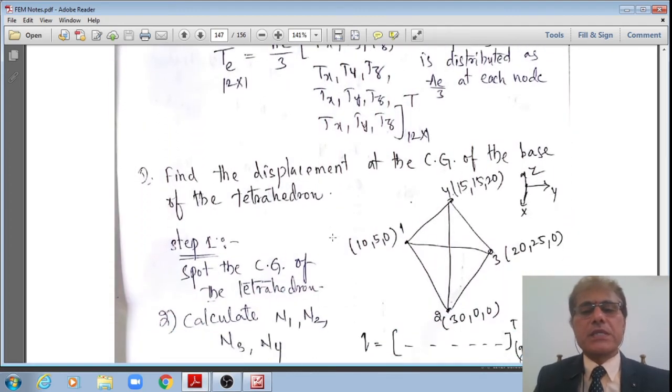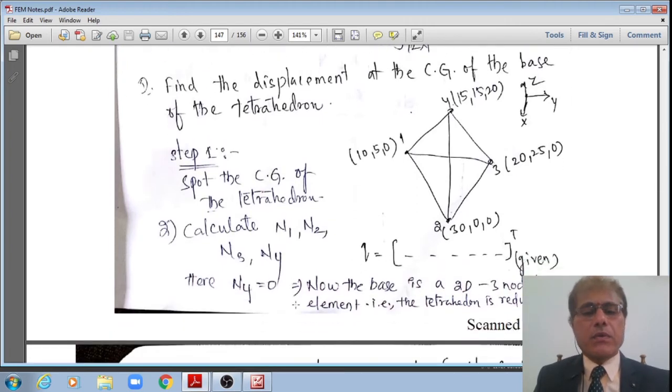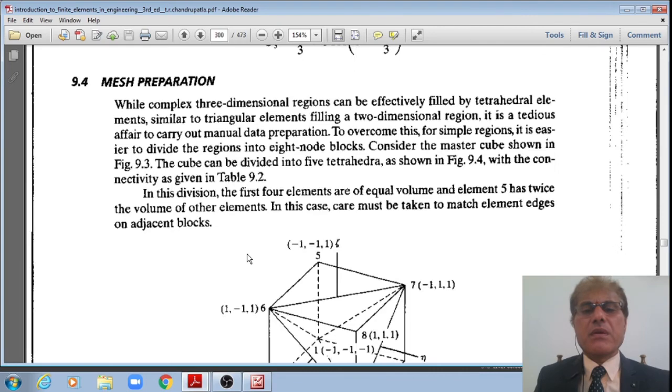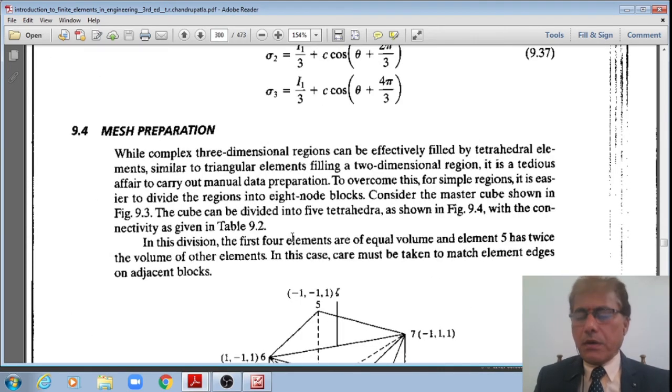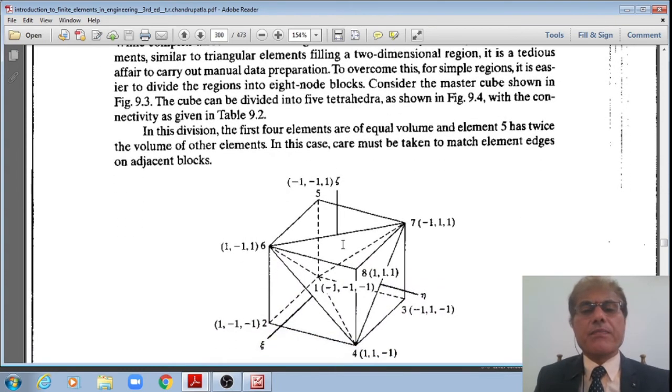Now let us examine a numeric problem, student. Before I go to the problem, let me see how the mesh can be prepared.